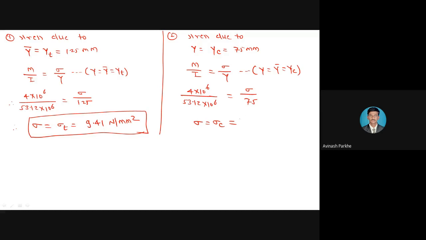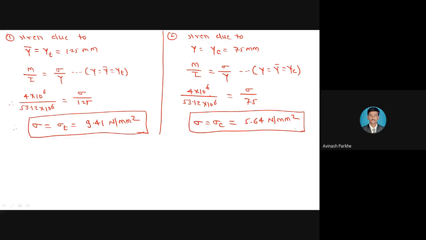And sigma c is 5.64 Newton per mm square. This is the compressive bending stress because during that calculation we have taken yc as the y bar distance.